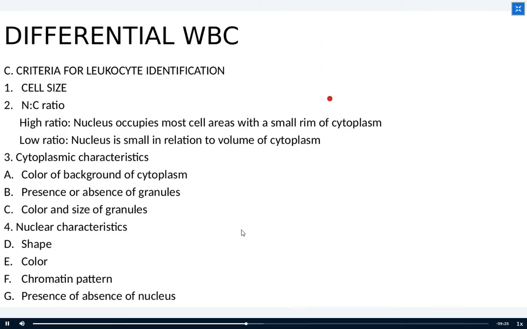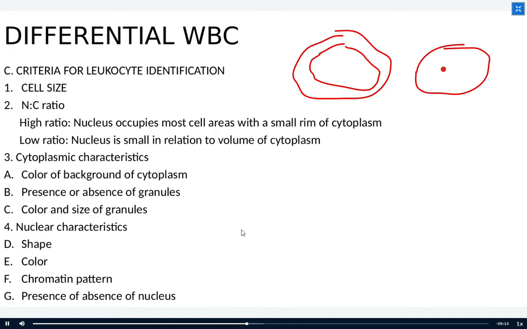There are WBCs wherein the nucleus fills the entire cytoplasm, and some with a nucleus that has lobes. Then you also have to consider the cytoplasmic characteristics, the color of the cytoplasm, whether there are granules, and the color and size of the granules.